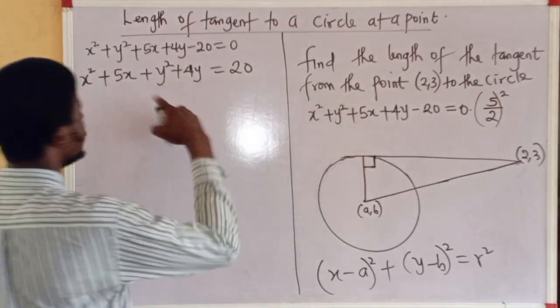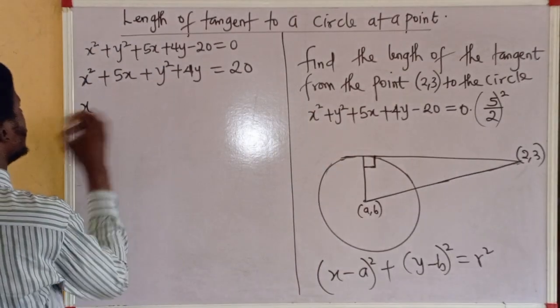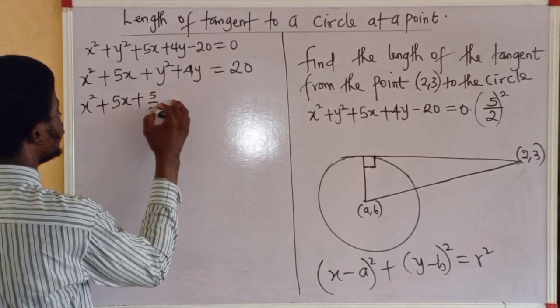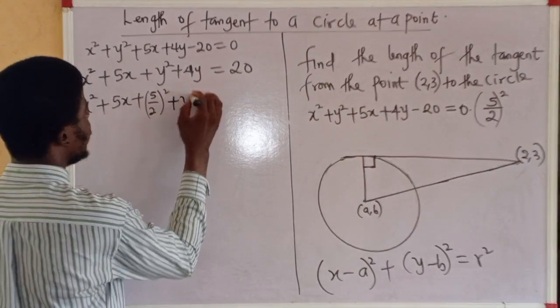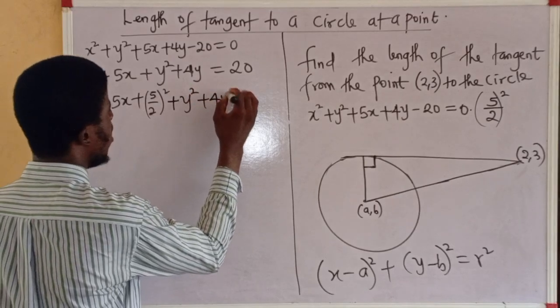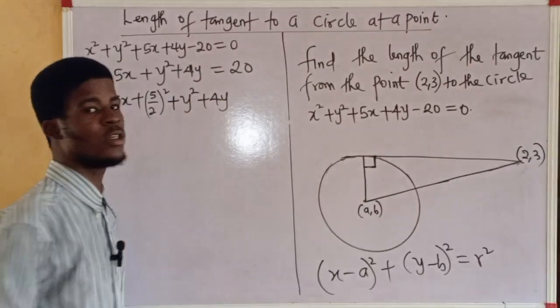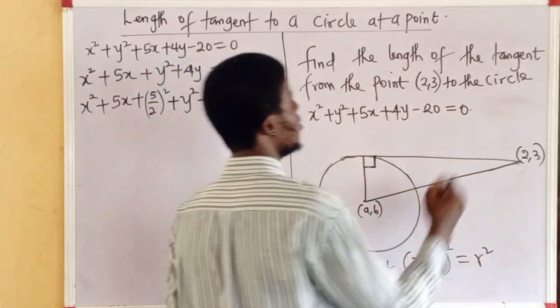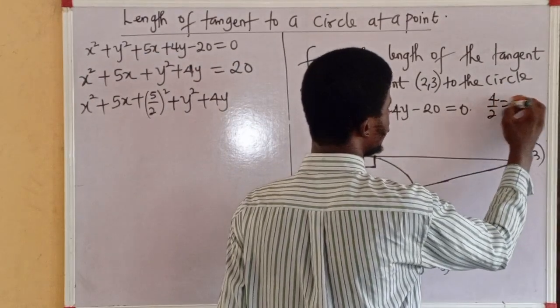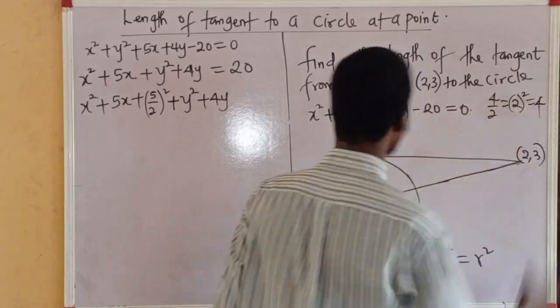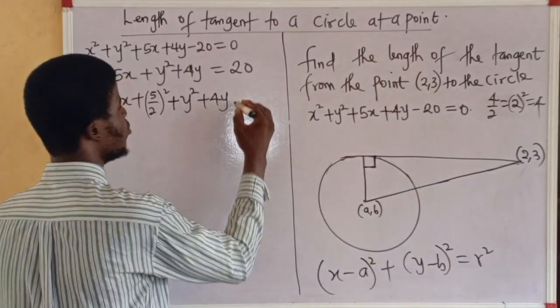So I will add this to both sides as x squared plus 5x plus 5 over 2 all squared plus y squared plus 4y. Now, half of 4, which is the coefficient of y, is 4 over 2, and this is 2. So if I take the square of 2, I'm going to obtain what? 4. So I want to write 2 squared here.